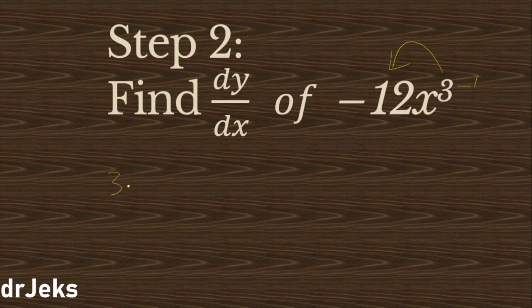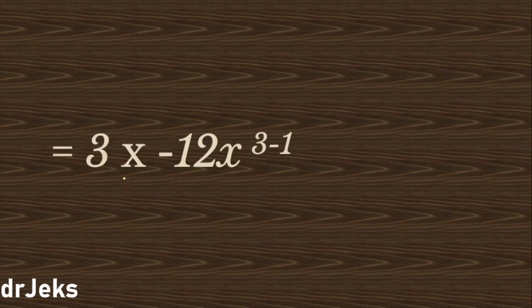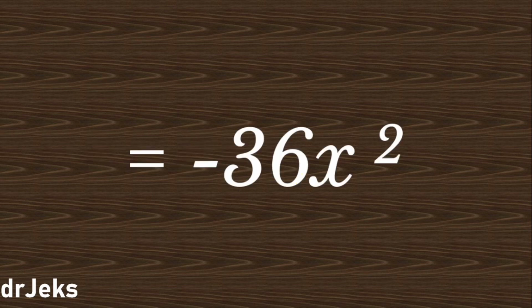So it will be 3 multiplied by minus 12 and x to the power 3 minus 1. 3 times minus 12 is minus 36, leading you to minus 36x squared.